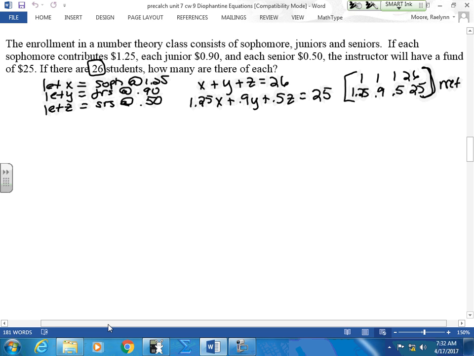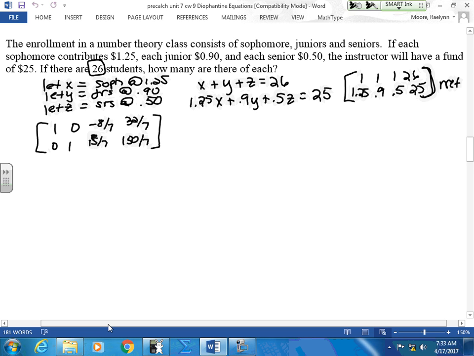Try it. I want you to be able to try these and see the steps. Everybody get this?